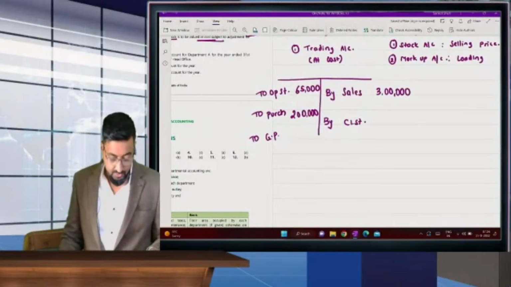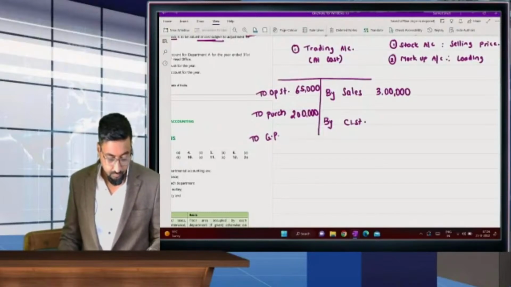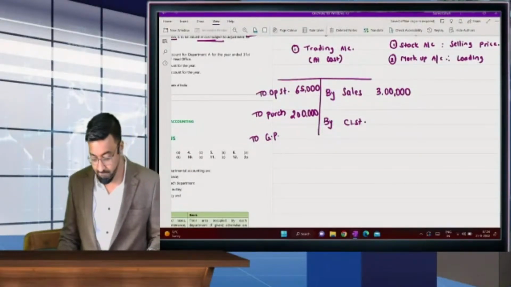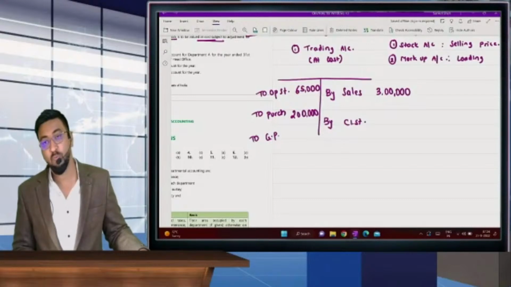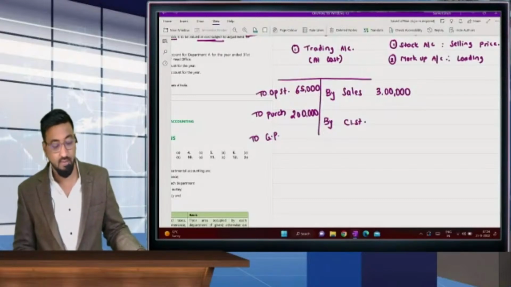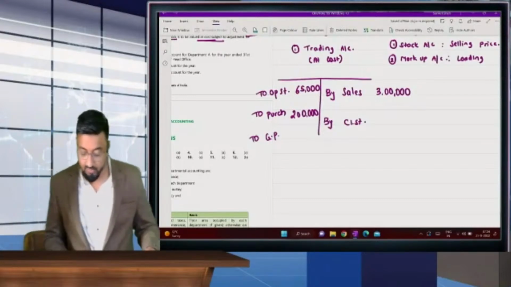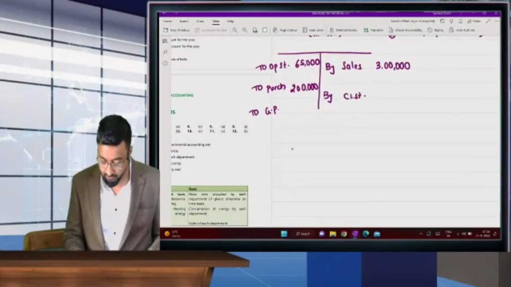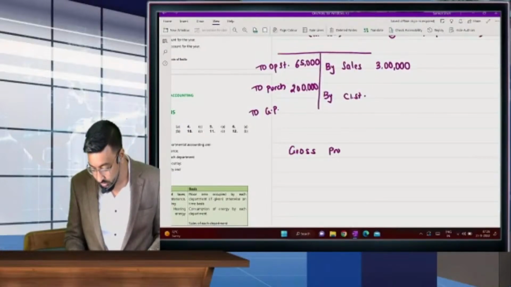But now what happens? Sales rupees 3 lakhs. Now see, now here you can calculate gross profit.